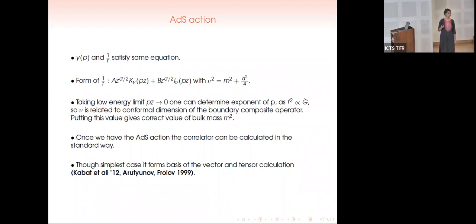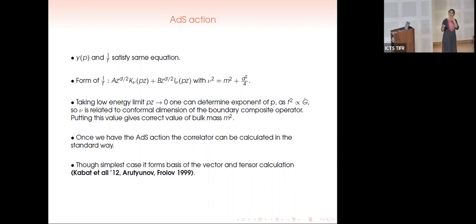One comes as part of the cutoff, and the other is a low energy dimension. But there is mass in AdS only, the bulk mass. What we propose is that the bulk mass is the boundary operator dimension, but the boundary conformal dimension should not depend on the cutoff, right?